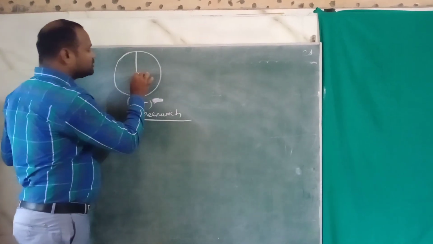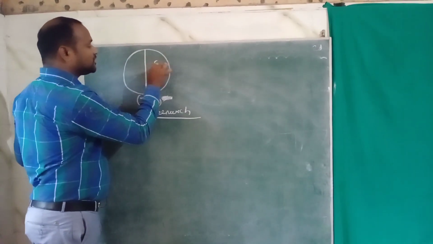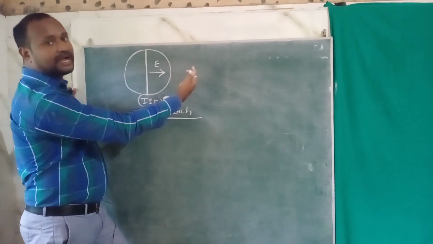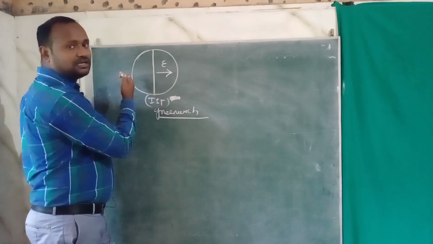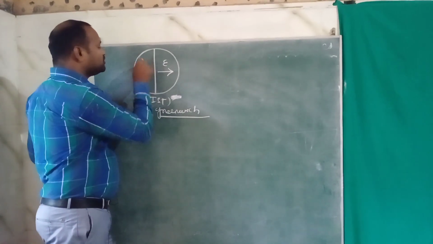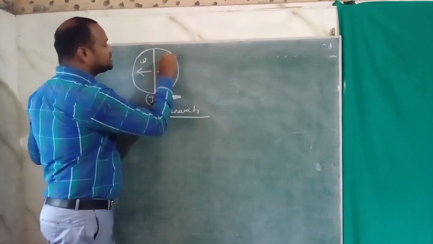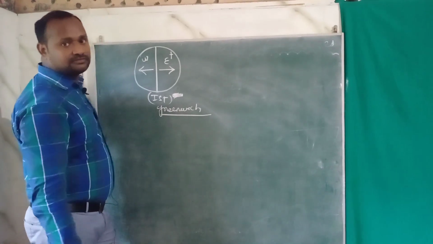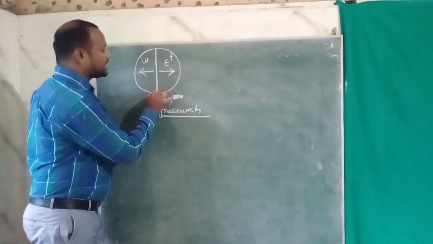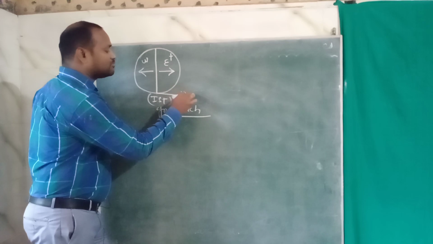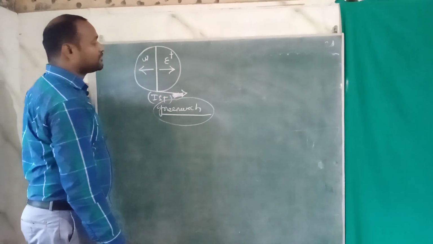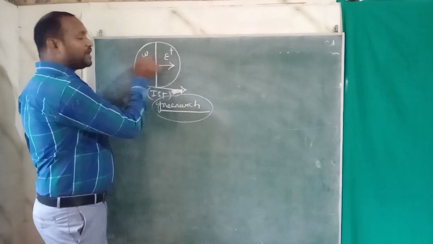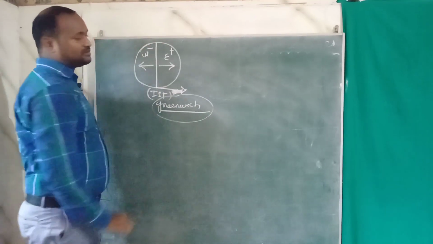Listen student, always the east is your right side and west is the left side. When we move east, always the time will be added to the Greenwich time. If it is west, it will be subtracted.